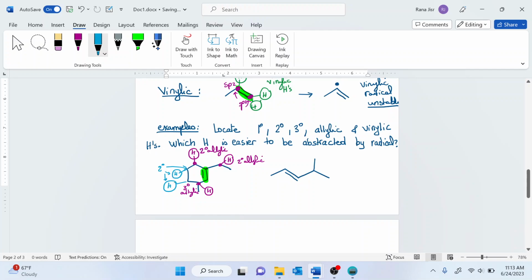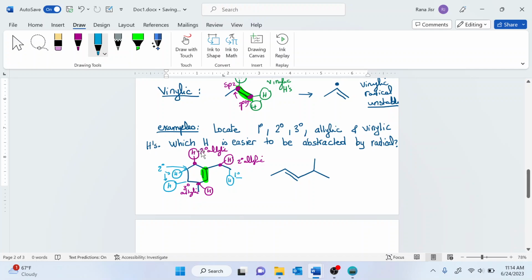Same thing for a primary hydrogen. This over here is a regular primary hydrogen. Again, forming a primary radical is way less stable. So the possibility of a radical coming and taking this primary hydrogen is pretty small compared to the radical taking any of the allylic hydrogens.